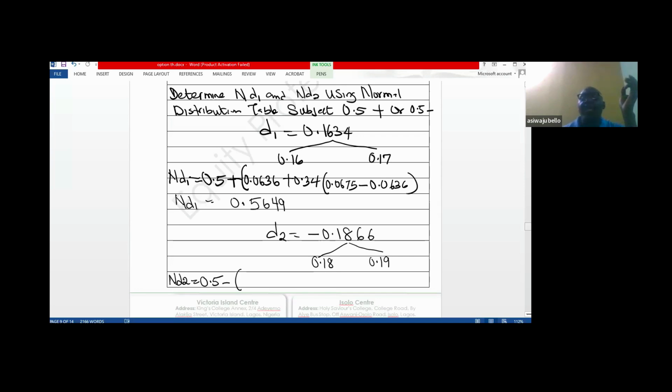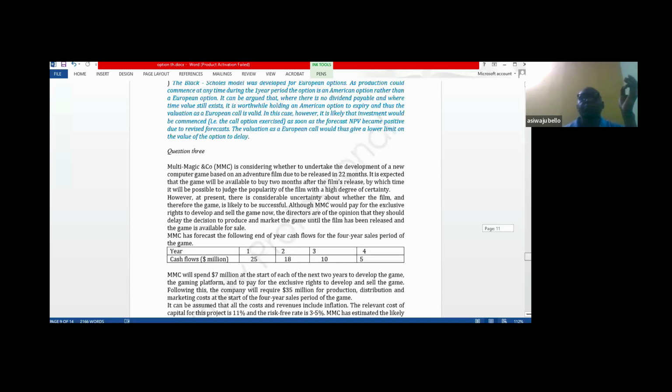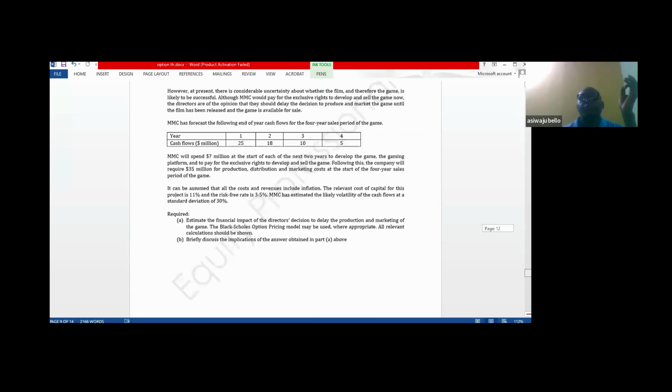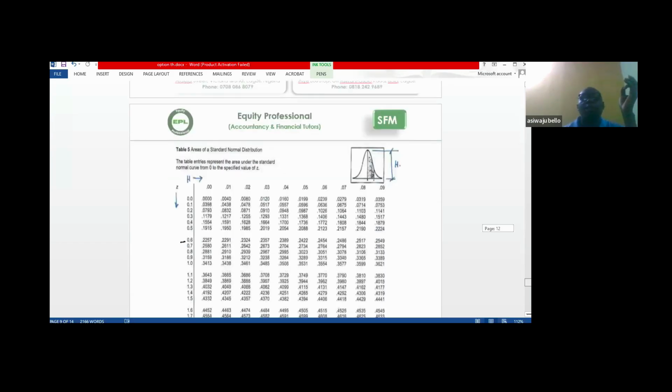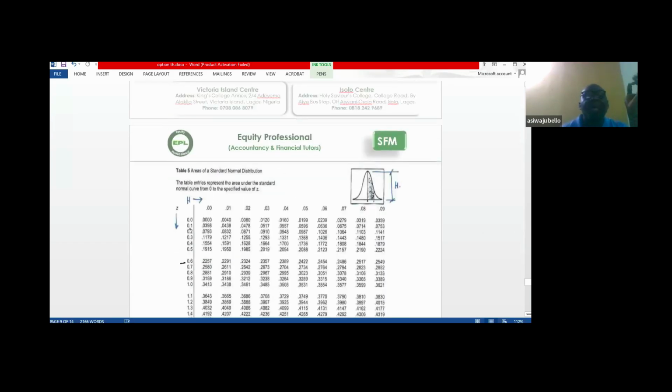Let us go to the log again. Look at it. 0.1 traced to 8, 0.0714, and traced to 9, 0.0753.